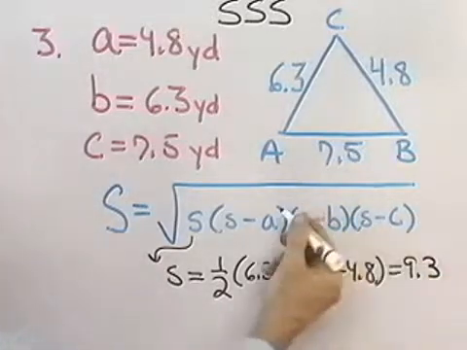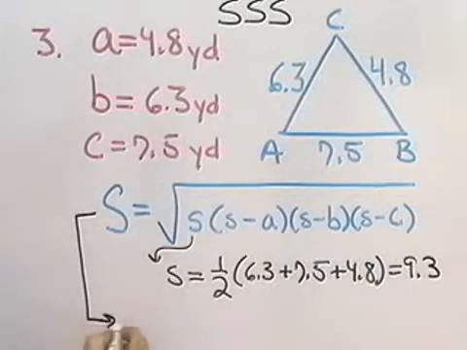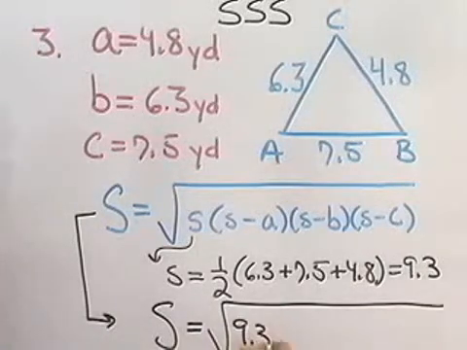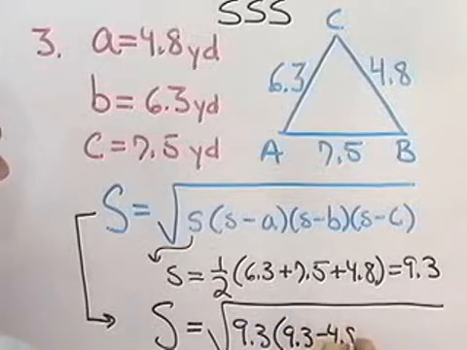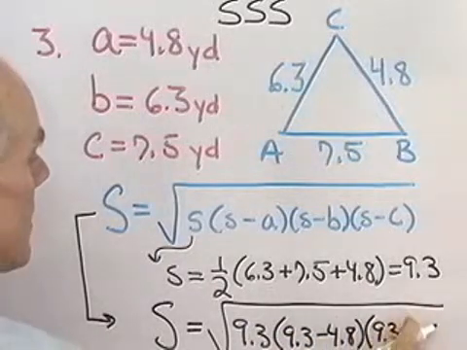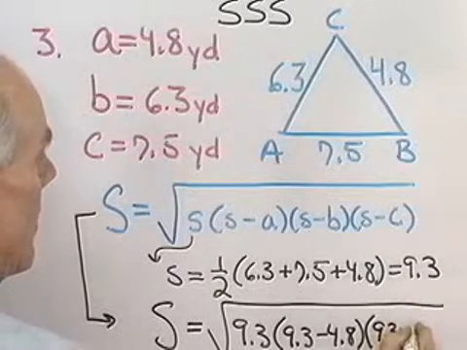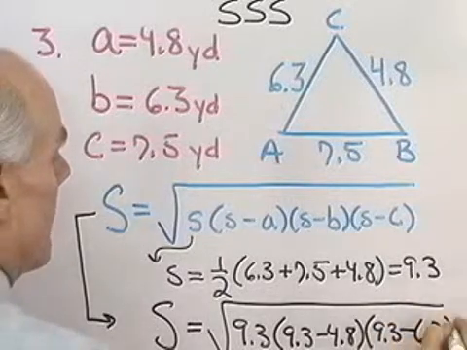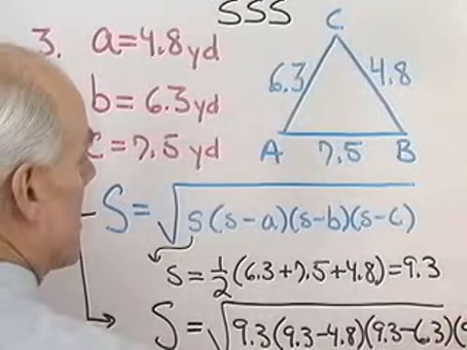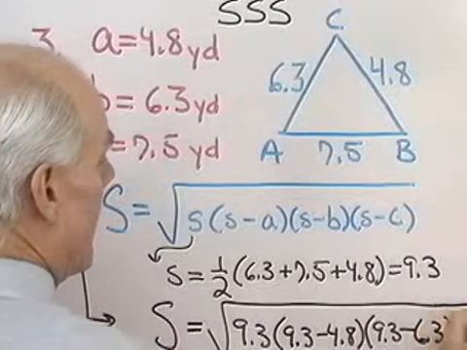Now I can substitute that into this formula and get big S is equal to the square root of 9.3 times 9.3 minus 4.8, 9.3 minus 6.3, and then 9.3 minus 7.5, all that square root.